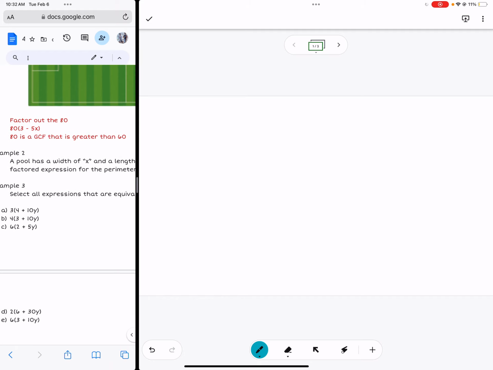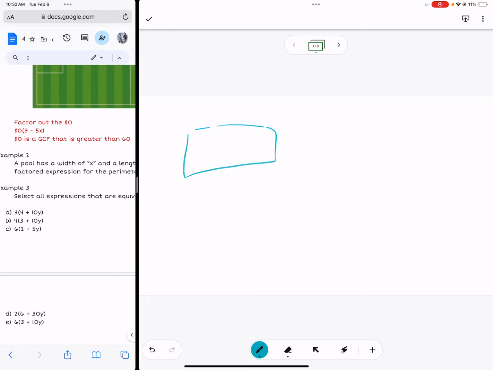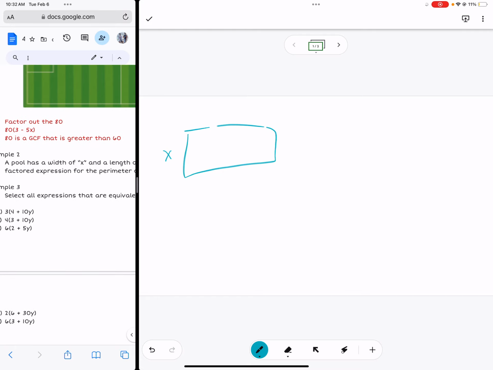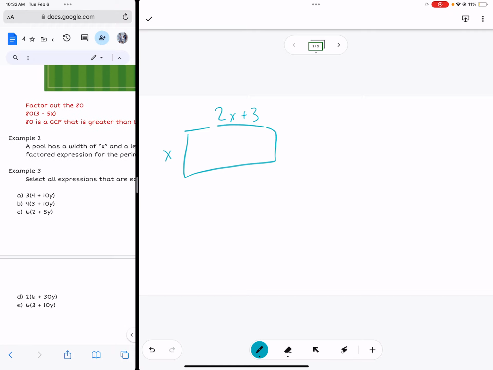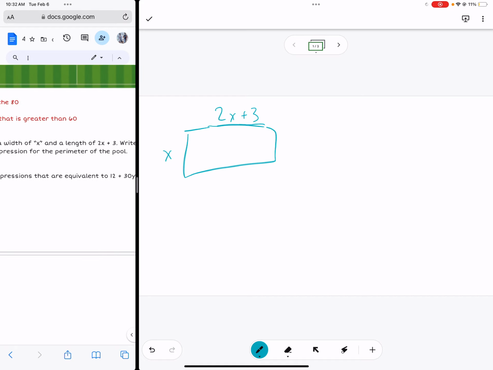Example 2, we have a pool. It has a width of x and a length of 2x plus 3. And we want to write an expression for the perimeter. So right off the bat, what is perimeter? You're adding them all up, right?